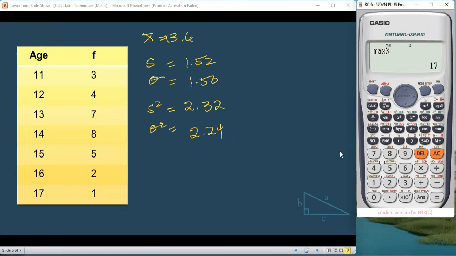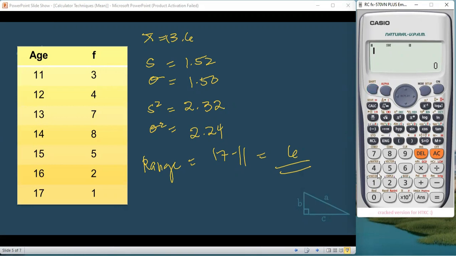So, tama, 17. And our minimum po is 11. So, kung makikita nyo po, the range now is 17 minus 11. So, that is actually equal to 6.